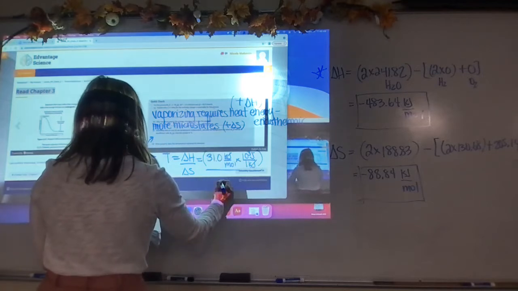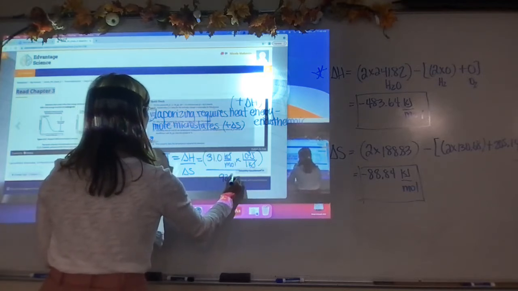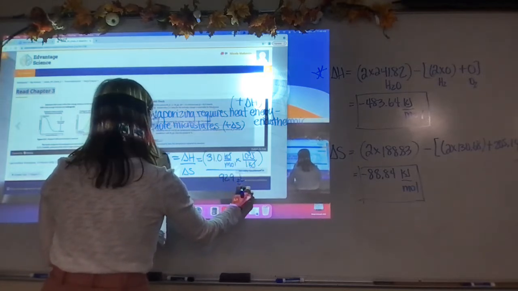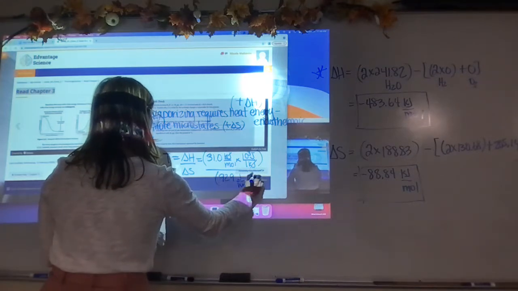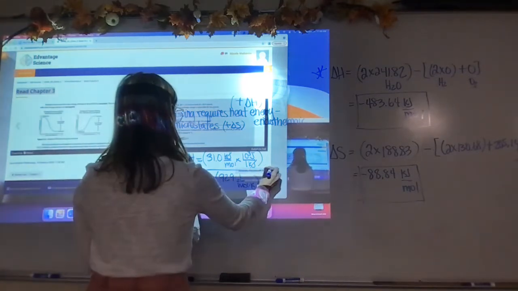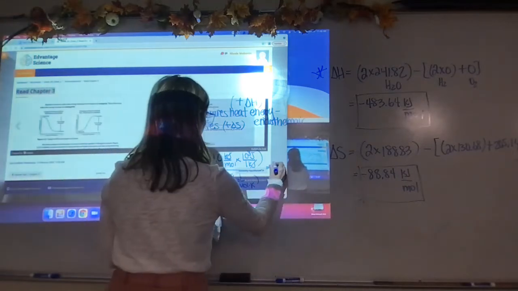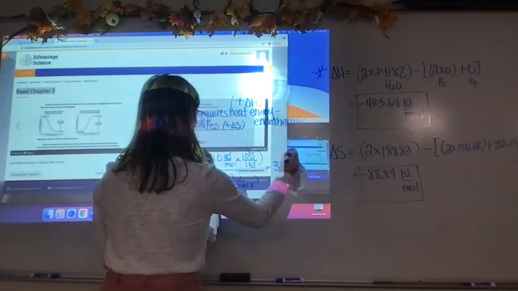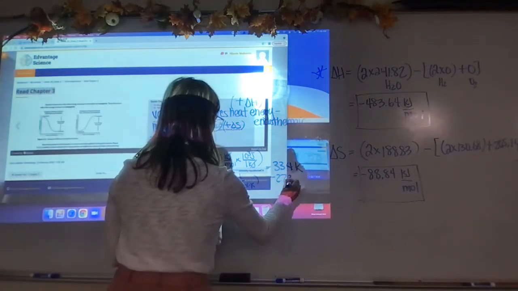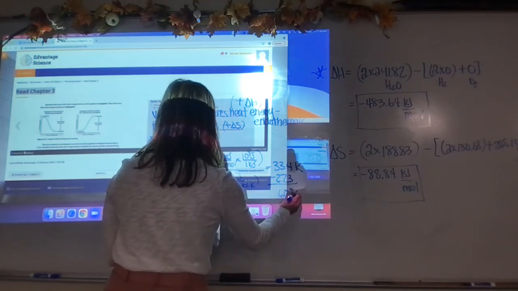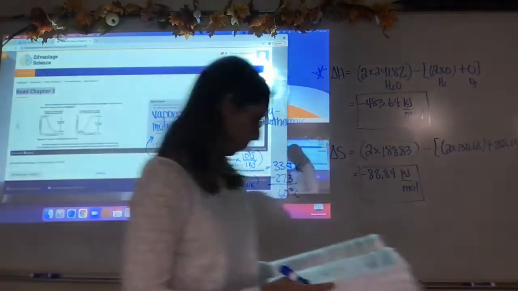And then on the bottom, we've got our 92.9 joules. And now our units match, so they can cancel. You're going to end up with 334 Kelvin. Just subtract 273 from this to get 60 degrees Celsius.